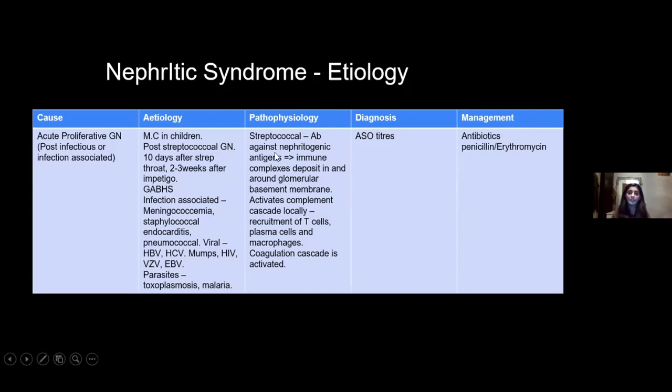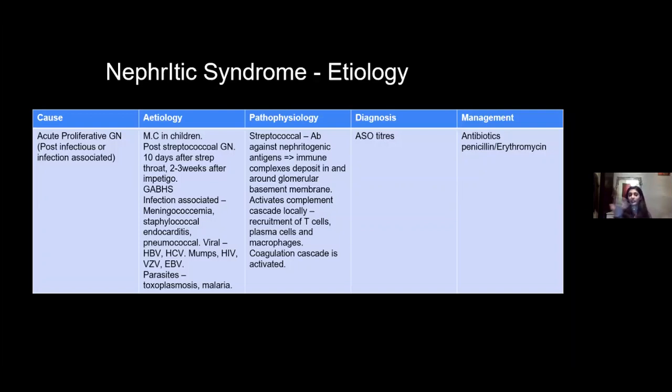And that's just for the streptococcal, but a similar kind of pathophysiology occurs with these other infections as well. It's not due to molecular mimicry, but again, it's due to these inflammatory processes that are going on elsewhere in the body getting moved around the body and then attacking our kidneys. So to diagnose post-streptococcal glomerulonephritis, we can do something called ASO titers, which are anti-streptolysin O titers.